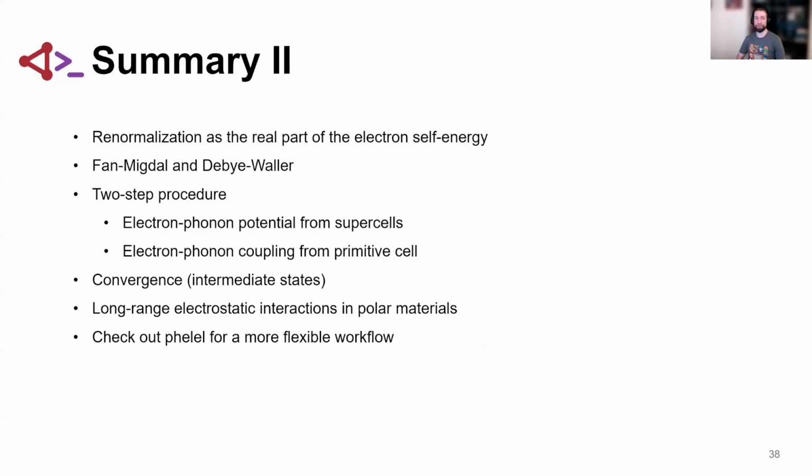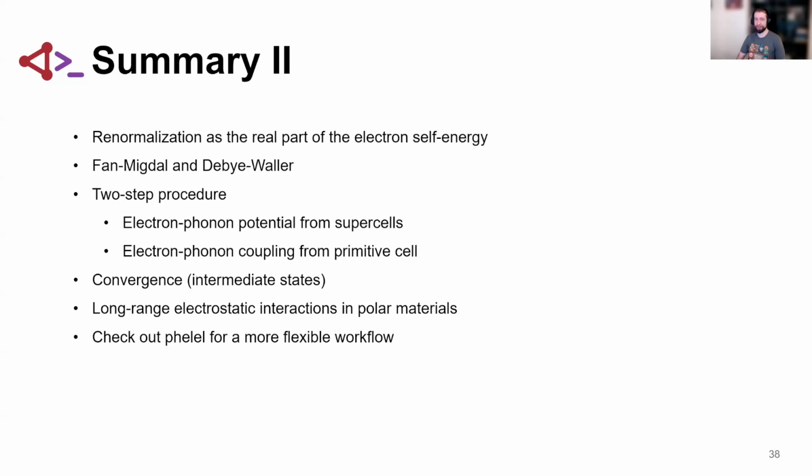I showed you how the entire procedure consists of two steps. One, you produce the electron-phonon potential from the supercell, and then you use that electron-phonon potential in the primitive cell to produce electron-phonon couplings, so electron-phonon matrix elements, and then the band structure renormalization.